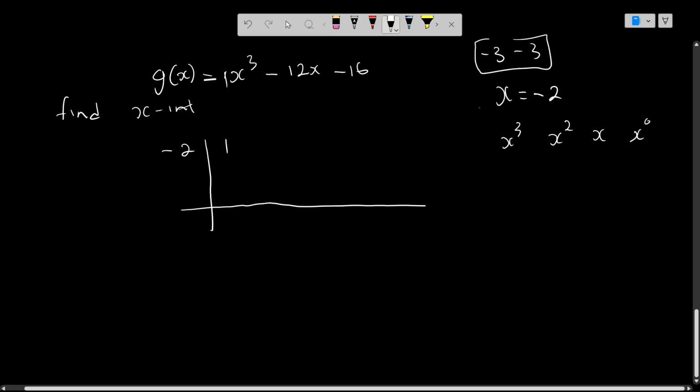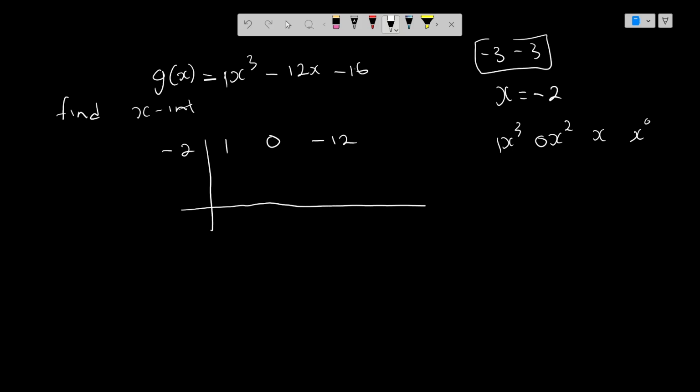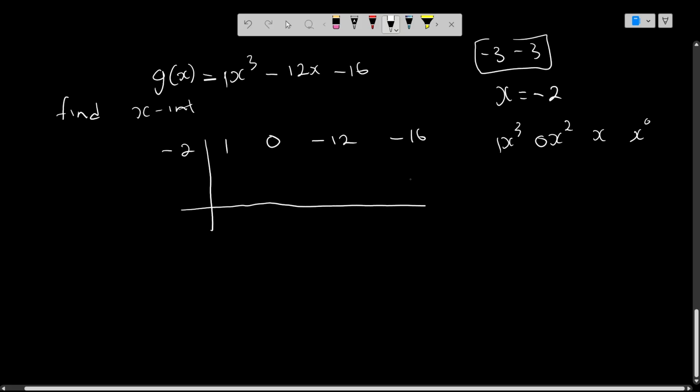So in this case x cubed is 1, x squared, we do not have x squared, so x squared in that case will be 0, so you have 0 there, and then x is negative 12, so this is negative 12. Remember, you're taking the coefficient of these values, and then my x to the power 0 in that case is negative 16, right?